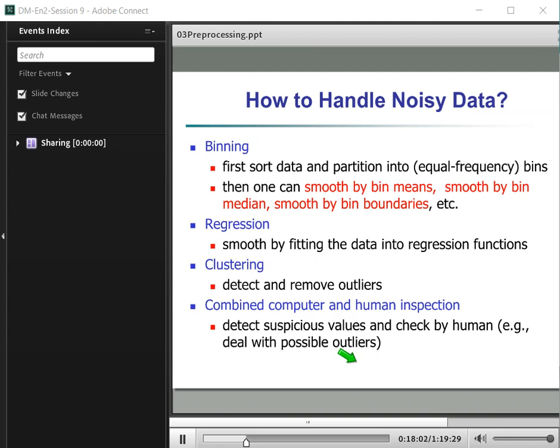It's an approach to handle noisy data, to remove noisy data.